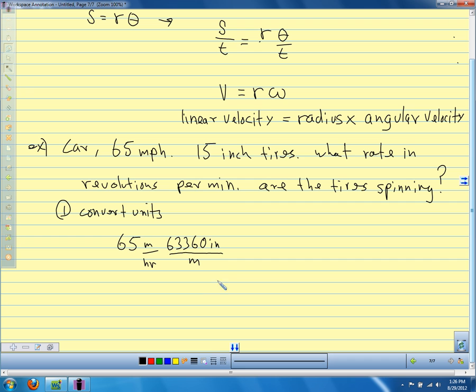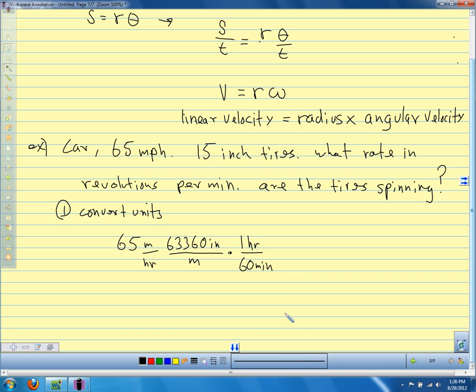And we need to convert our minutes. So we want inches per minute. So 1 hour is how many minutes? 1 hour per 60 minutes.